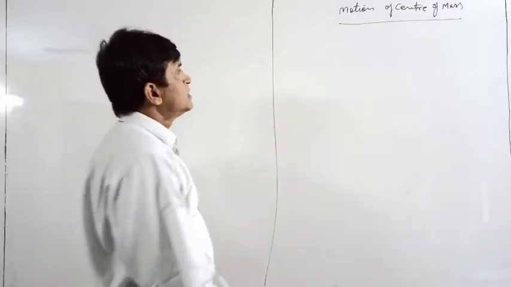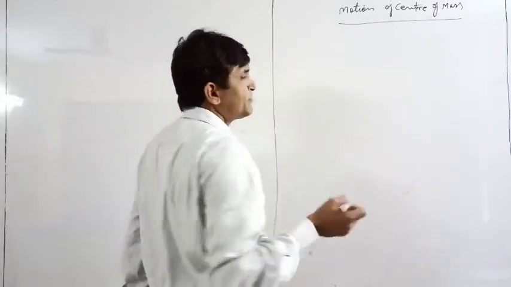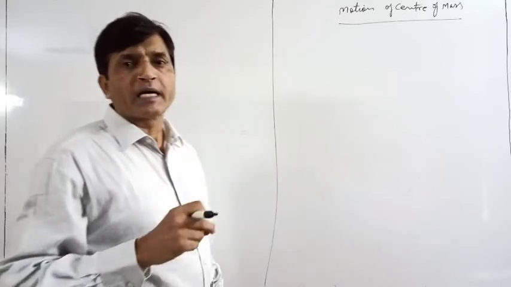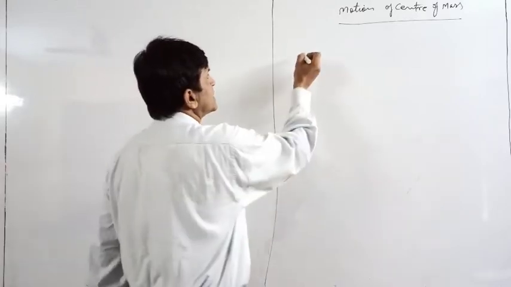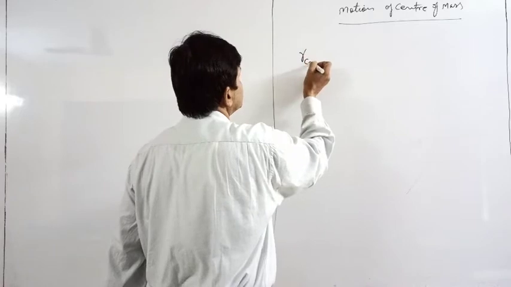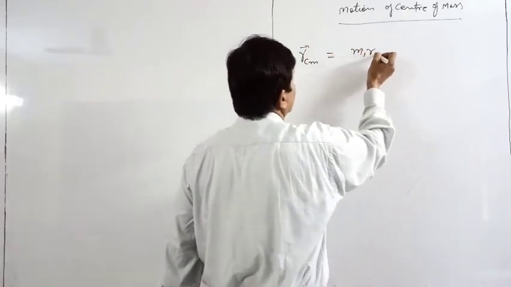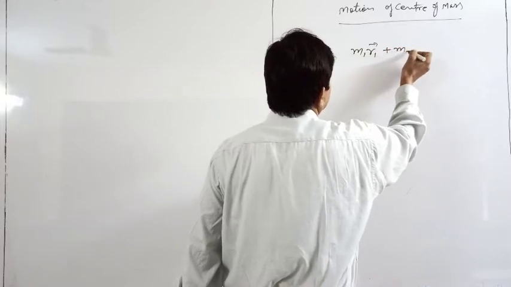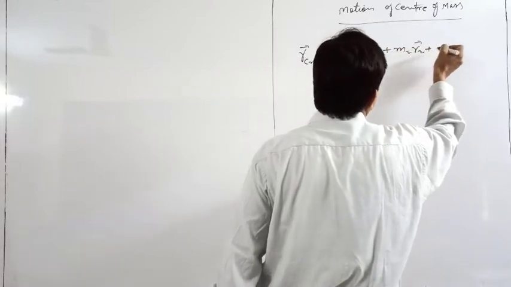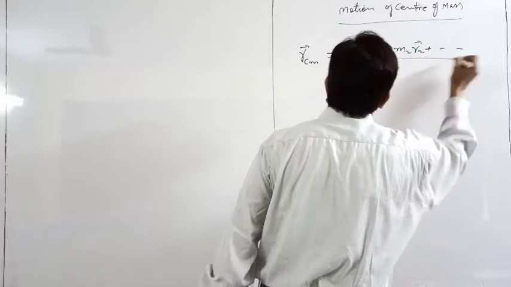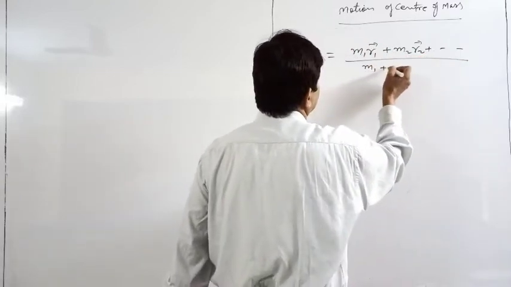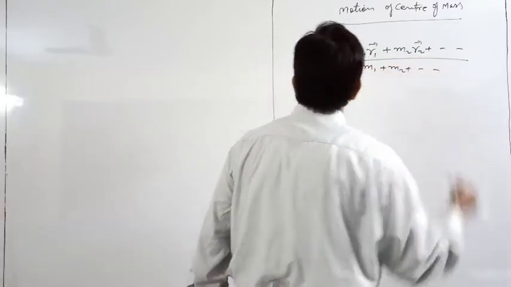Okay, so as we know, if a system of particles is given, their center of mass is defined as RCM is equal to (M1R1 plus M2R2 and so on) by (M1 plus M2 like this).